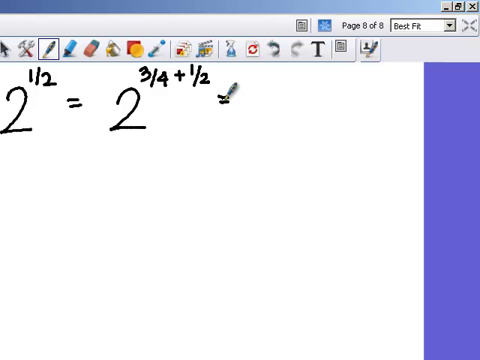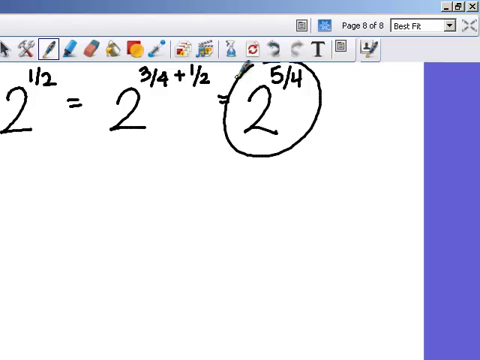And when you get your answer, you should get 1.25. And we're going to change that back to a fraction by hitting math, enter, enter. And so the new fraction up top would be 5/4. Check your answer. Actually punch in 2 raised to the 5/4. This is actually the overall answer.